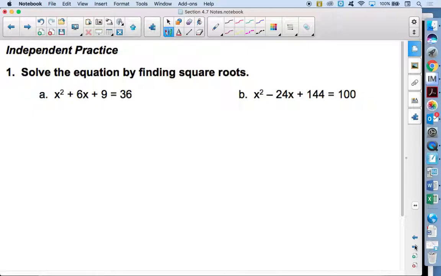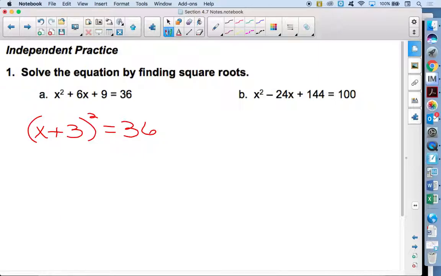Letter A says x squared plus 6x plus 9 is equal to 36. So Ryan, how would we break down x squared plus 6x plus 9? Take 6, divide by 2. What would the answer be as a factored form? X plus 3 squared. Good. So we have x plus 3 squared equals 36.